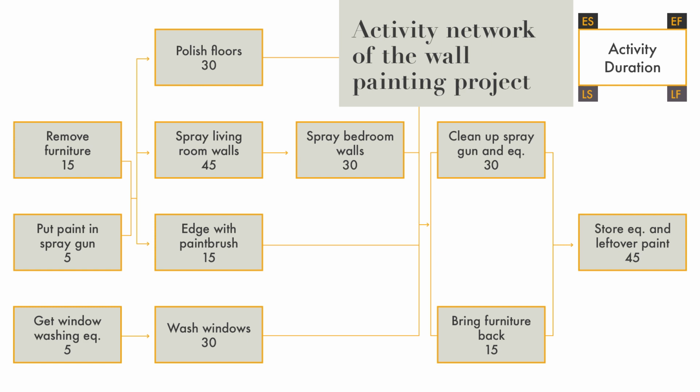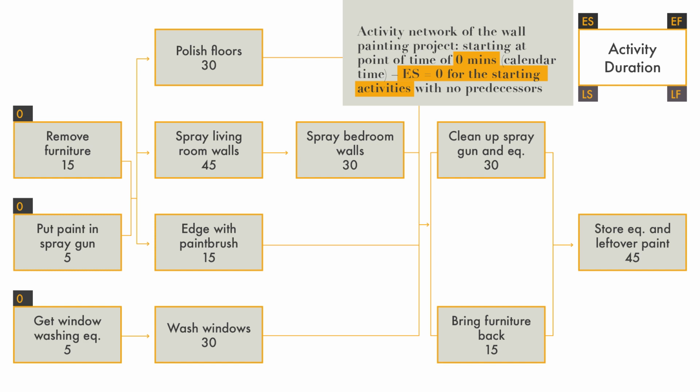So this is the logic that we start calculating here. And as you can see, the very first activities that don't have predecessors have the early start, or earliest start, of 0. So we are at time point 0 here.